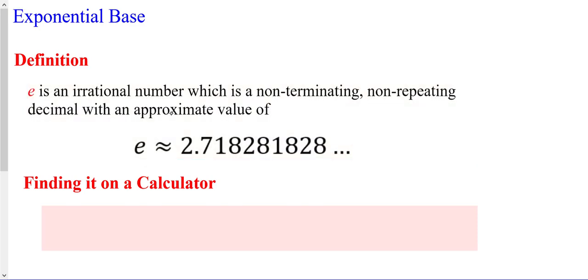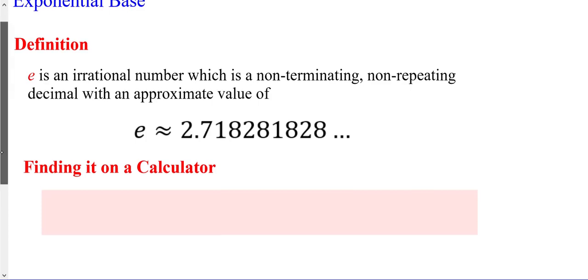And by definition, an exponential base is represented by e, and it is an irrational number, which is a non-terminating, non-repeating decimal with an approximate value of 2.718281828, and it just keeps going on and on and on. And this is similar to pi. If you remember, pi never ends. It's always got different values.